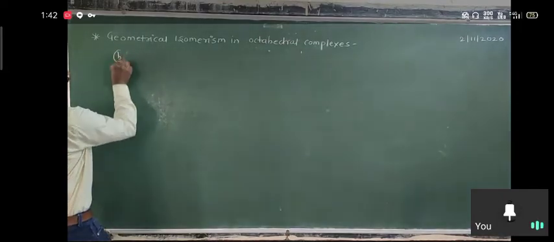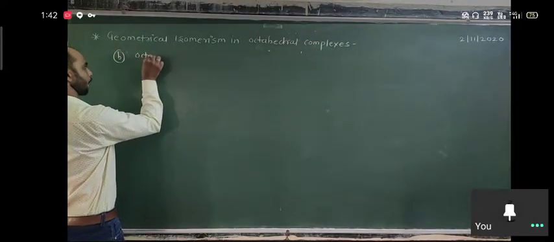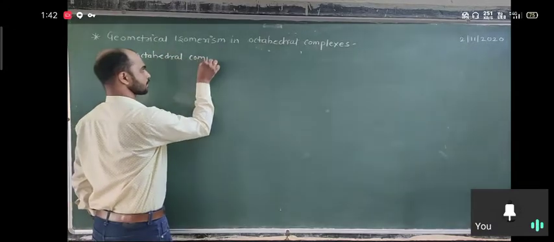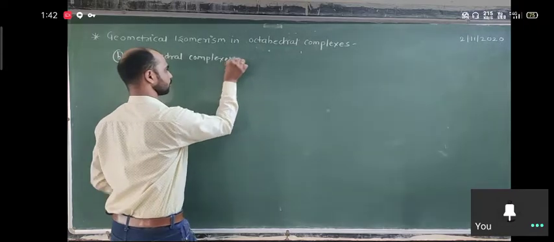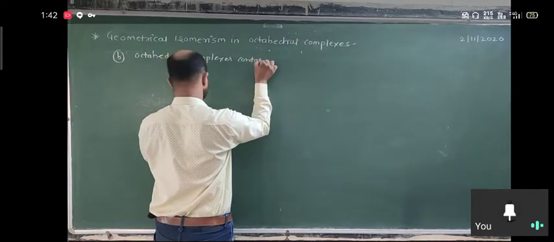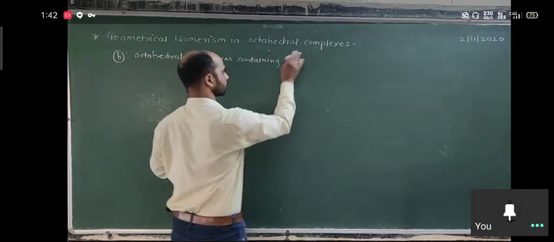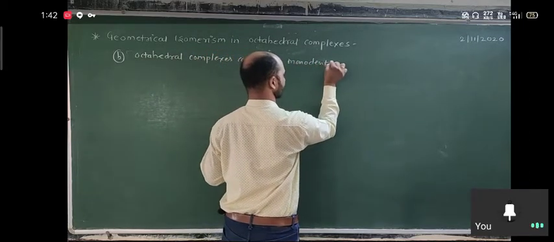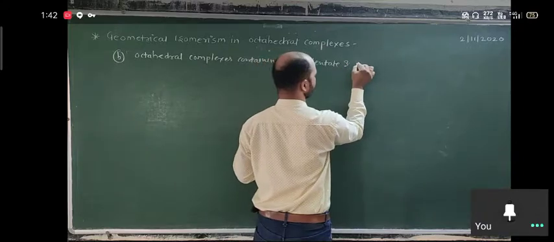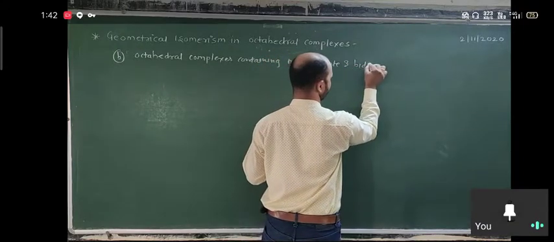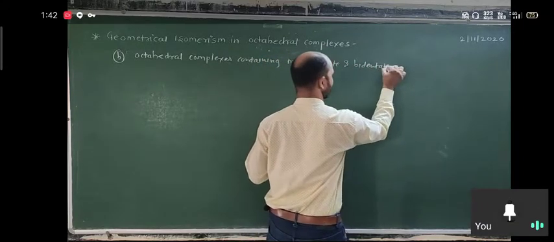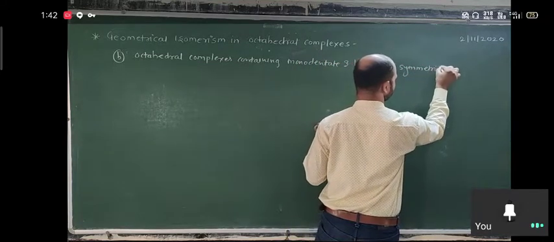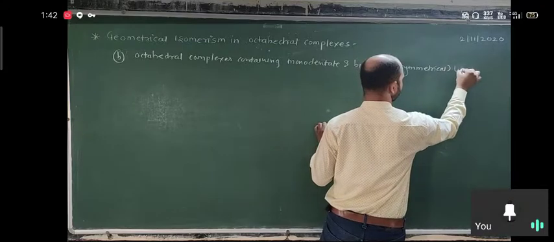So B type is octahedral complexes containing monodentate and bidentate, but the nature of the bidentate is a symmetrical ligand.